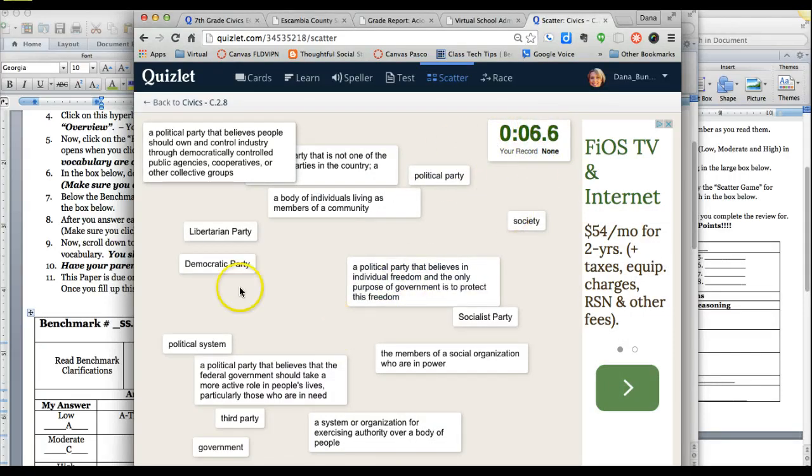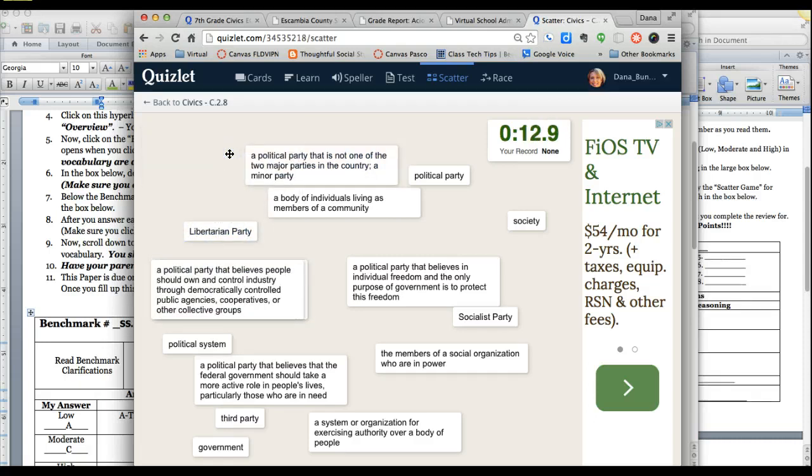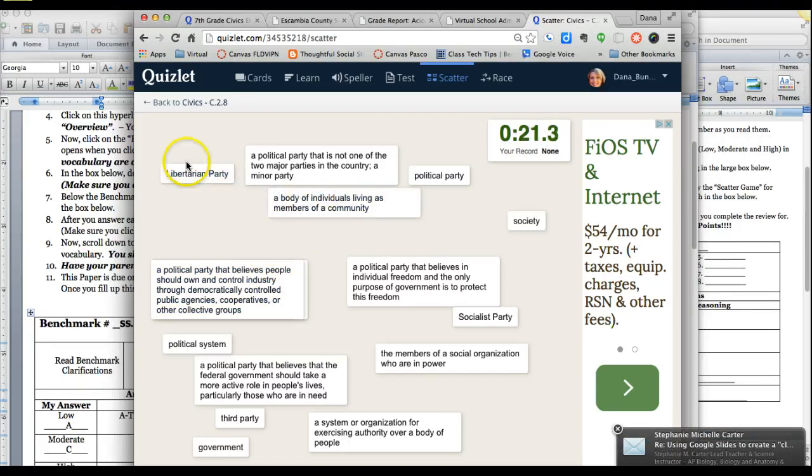So you would take one of the words and drag it to a definition. And if it's correct, it will disappear. If it's incorrect, it will separate itself again.